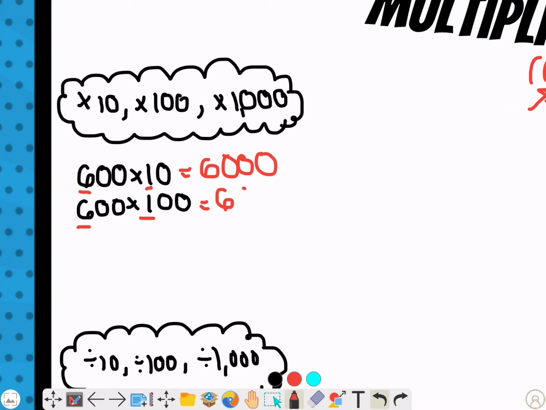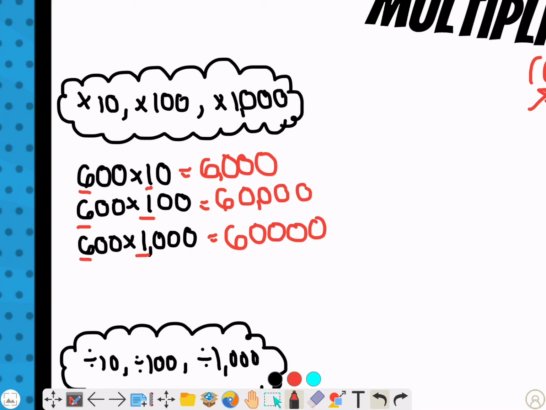Should put a comma. If you multiply 600 times 1,000, you multiply your non-zeros, 6, and you count up 1, 2, 3, 4, 5, and put your commas.